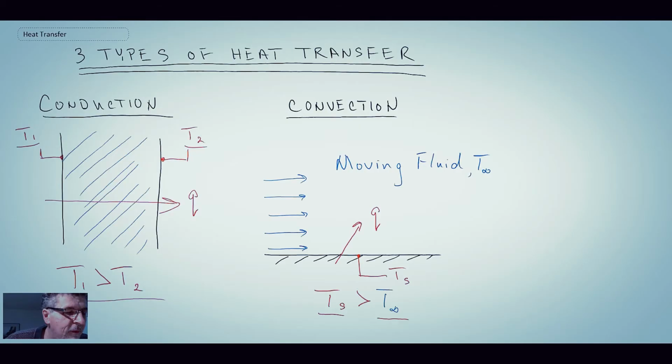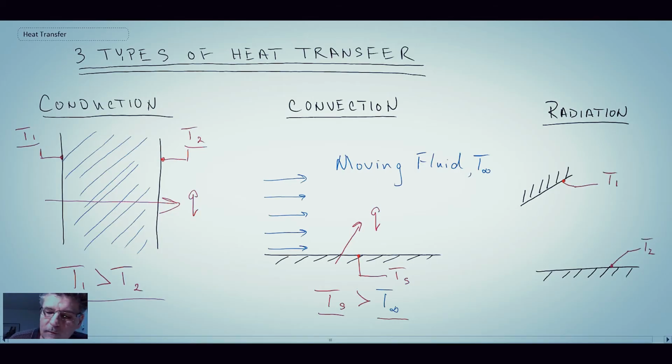The last form of heat transfer, and one that is very different from conduction or convection, is radiation. When we're dealing with radiation, objects radiate and they absorb energy, and typically in heat transfer we're looking at energy in the part of the spectrum referred to as the infrared.